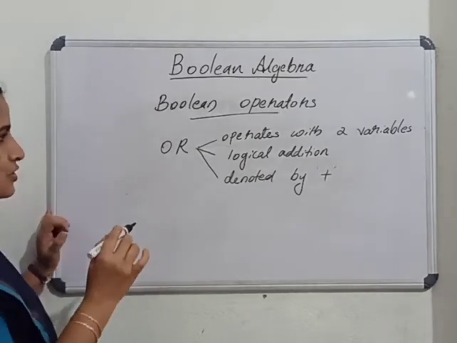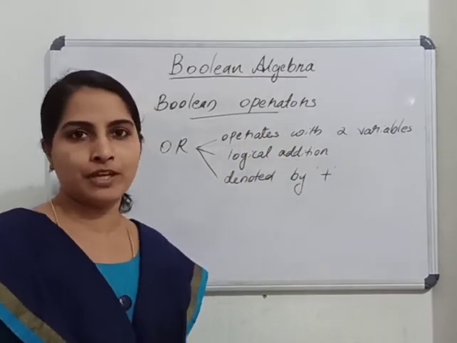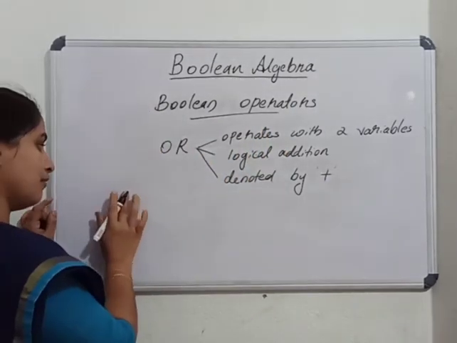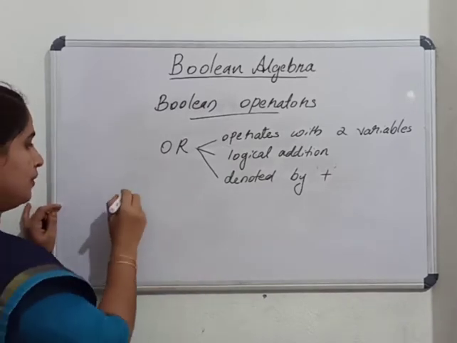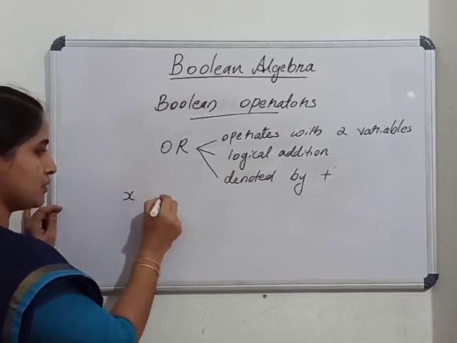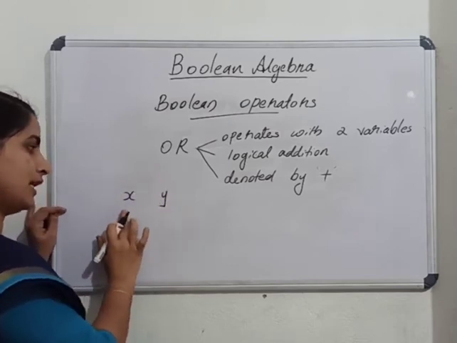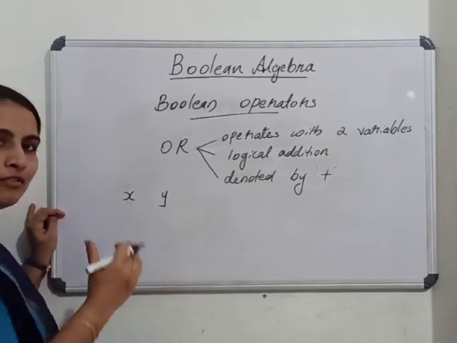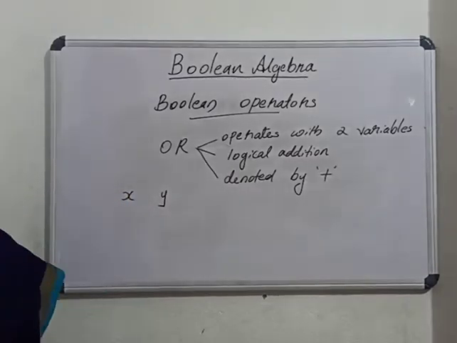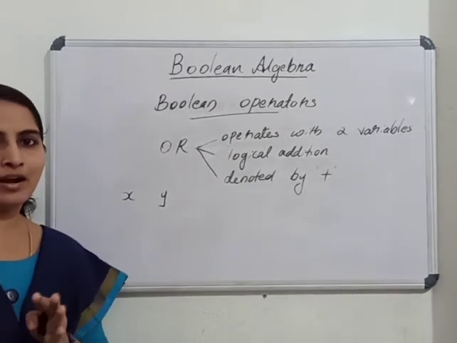It operates with two variables, more than one variable is there. So let it be x and y. You can consider x, y or a, b or any variable. So I am considering x as one variable and y as another variable. So what are the inputs? X and y are the inputs. So what is the output? While drawing a truth table, give as many columns as needed for inputs and output.